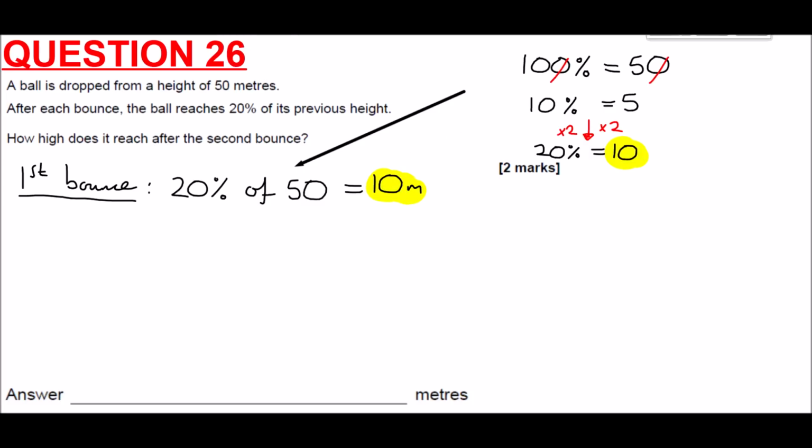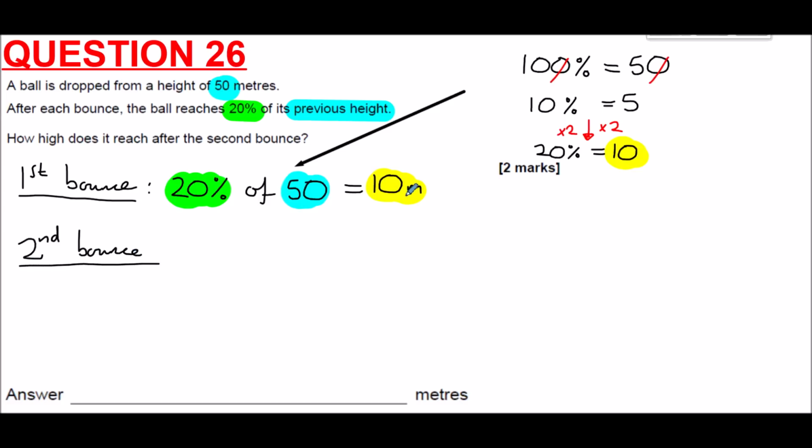Because each time we're going to be finding 20% of the previous height. And so for this question here, the previous height was 50. And we're always finding 20% of it. So for the second bounce, just be thinking, how high did it bounce up after the first bounce?